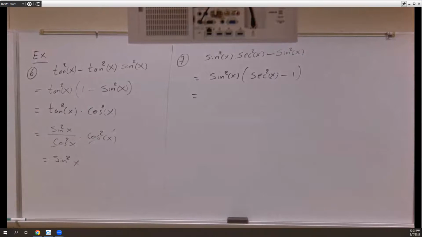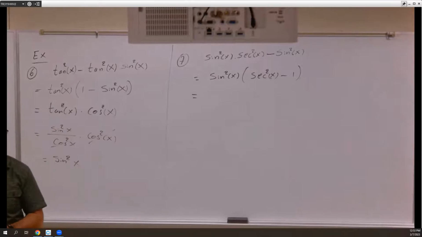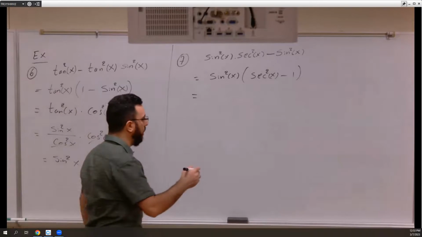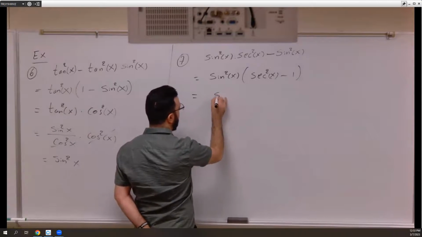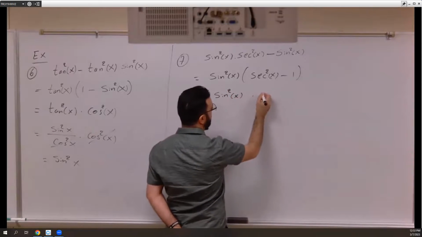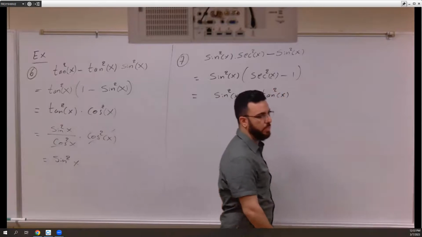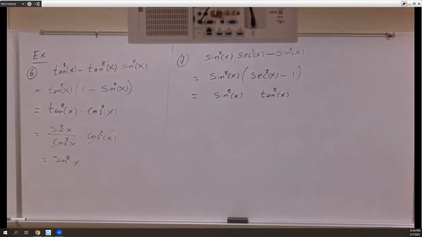Then look at the parentheses. Secant square x minus 1 equals what? Tangent squared x. Okay, so this is sine square x, and this one is tangent square x. Yes or no? Okay, what's the next step?